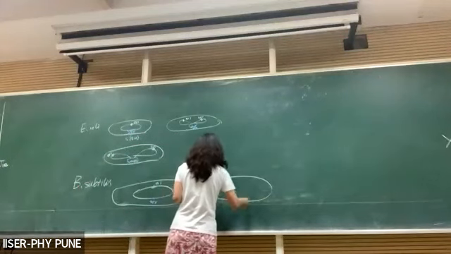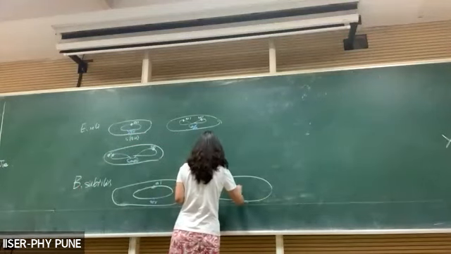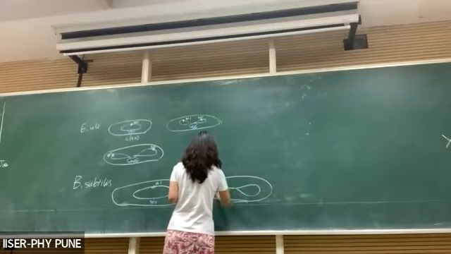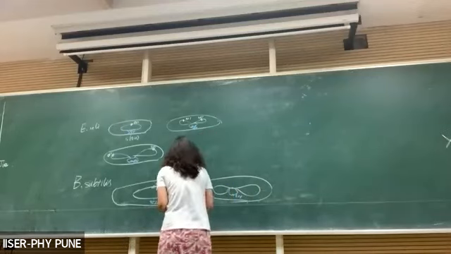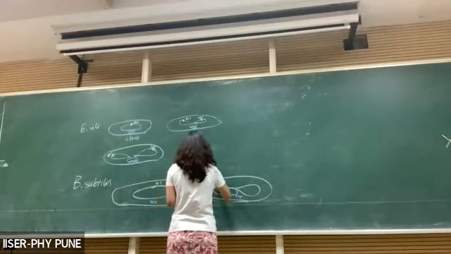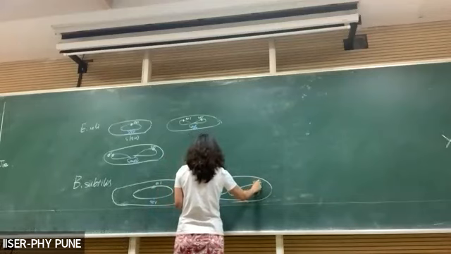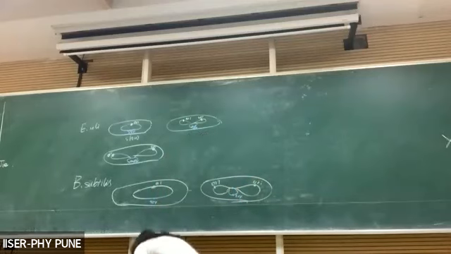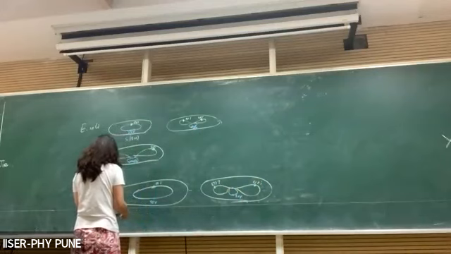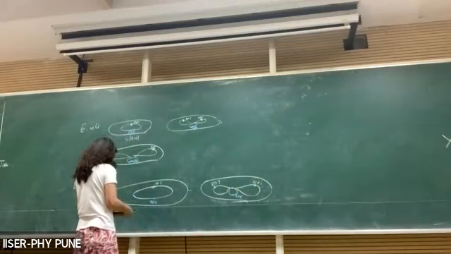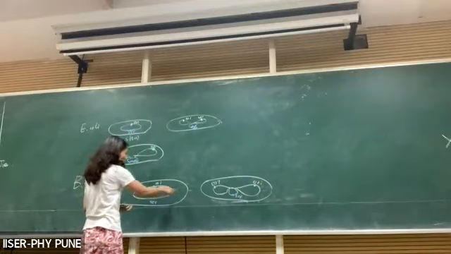And for Bacillus, it's almost exactly the same. You have the TER region here, and when you have replication, then you have the ori on the two sides. But here they don't have any anchor.